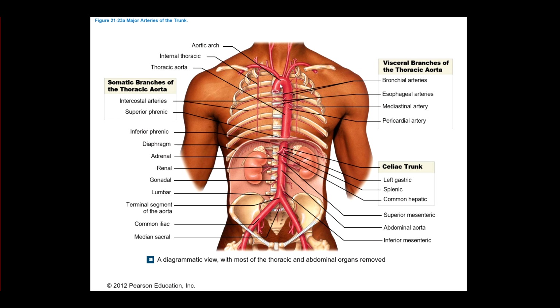Here's your ascending aorta, arch of the aorta. So now all of this, look at the size of this big blood vessel going down, is the descending aorta. Above the diaphragm, the descending aorta is called the thoracic aorta, which we're going to talk about now. And then below the diaphragm, we call it the abdominal aorta.